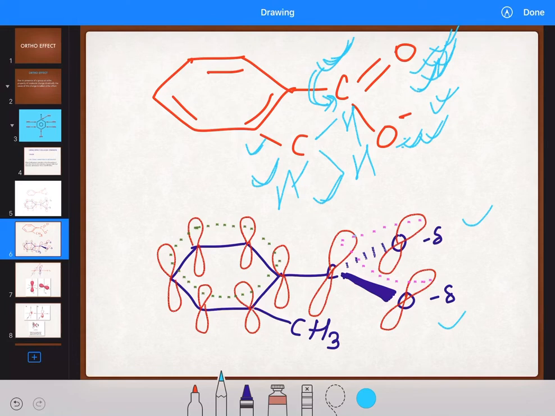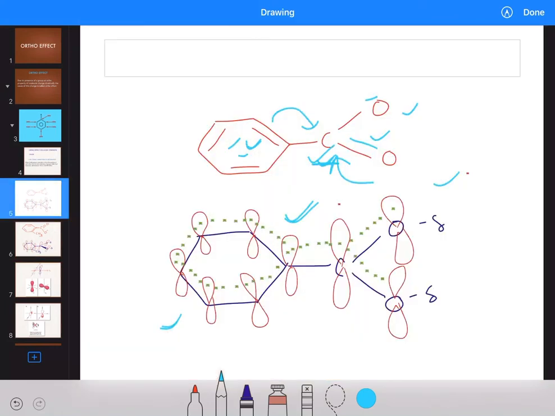Now is it okay? Now you watch this one. What is here? These two p orbitals are parallel to each other. Now if we rotate this bond like this, what will happen?